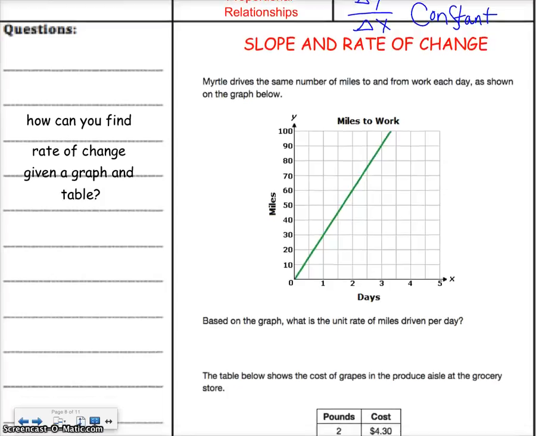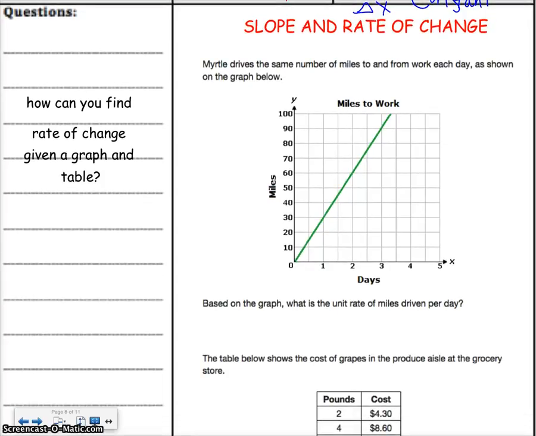First example. Myrtle drives the same number of miles to and from work each day, as shown on this graph below. Based on the graph, what is the unit rate of miles driven per day?